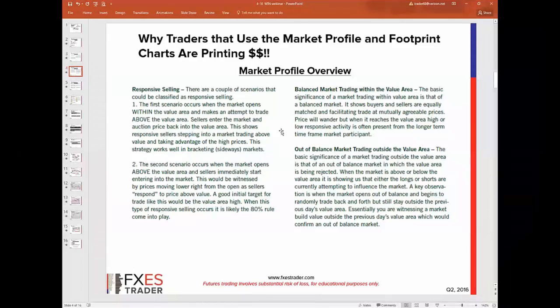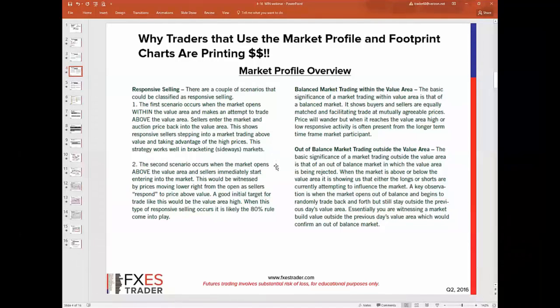So essentially responsive selling is keeping it within the range or the balance area that it's in. The strategy works well in what they call bracketing, but I just call it a balance area.